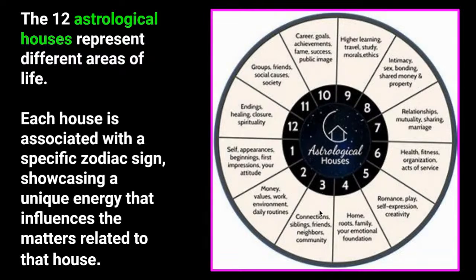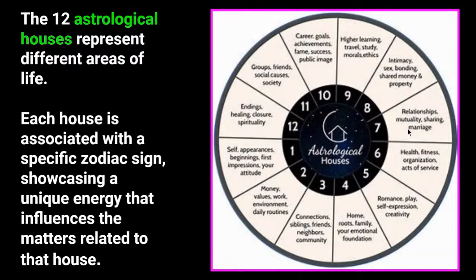We're moving on to house 3. Connections, siblings, friends, neighbors, community. House 4, home, roots, family, your emotional foundation. House 5, romance, play, self-expression, creativity. House 6, health, fitness, organization, acts of service.